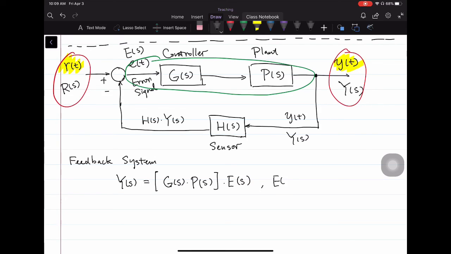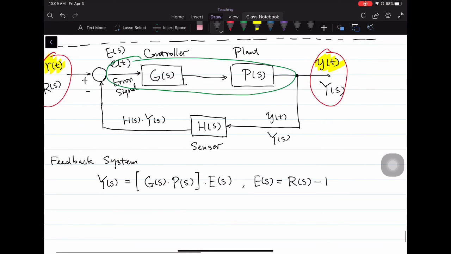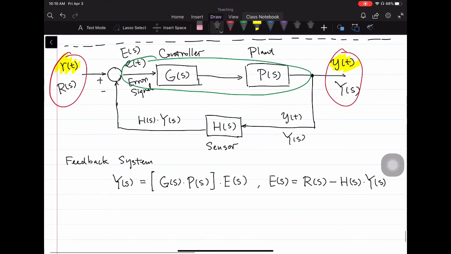And E of S is the difference between the reference and the measured output.